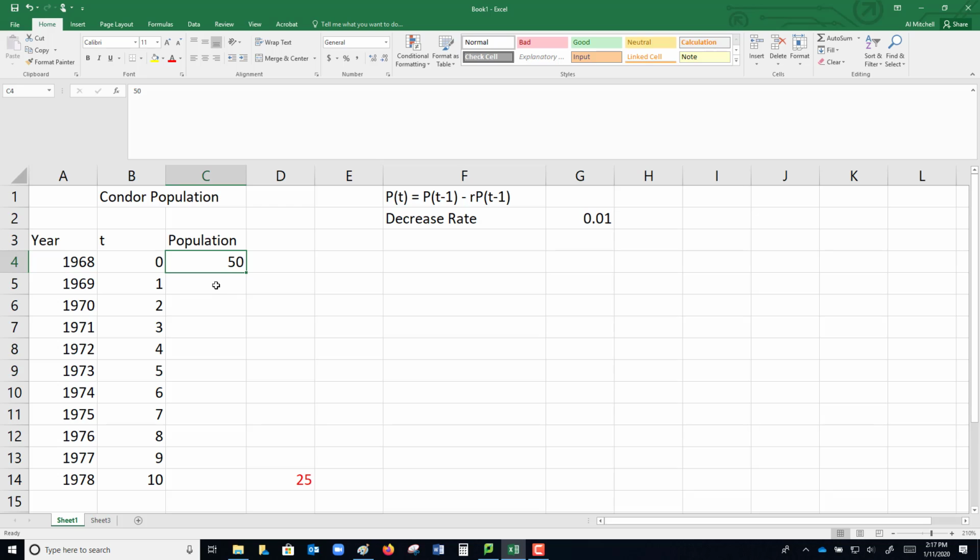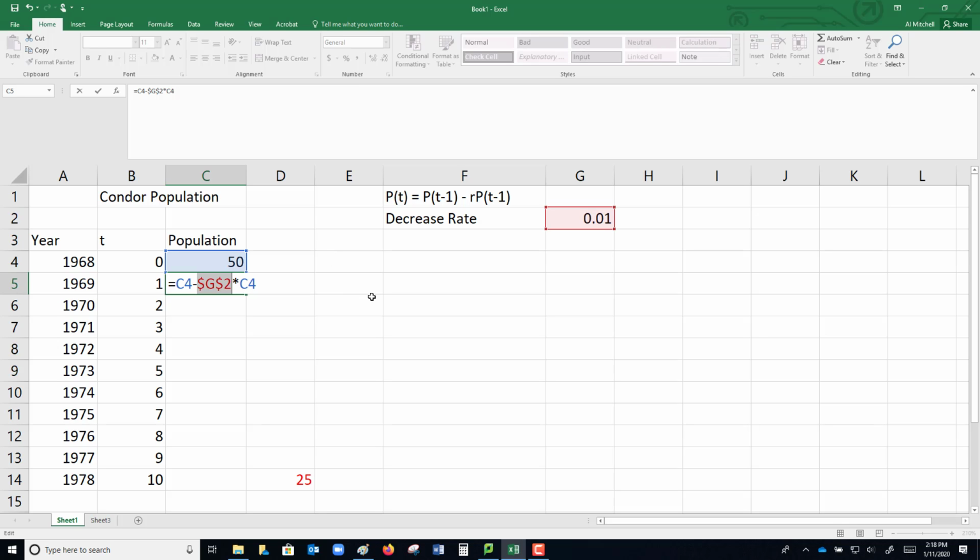So, like we did before, let's make the formula for the next year. We always start with equals, and we take the previous year, and now subtract the decrease rate times the previous year. And just like before, let's click on the cell reference to G2, and make sure that's an absolute cell reference. We don't want the decrease rate changing with the row reference changes as we fill out this formula.